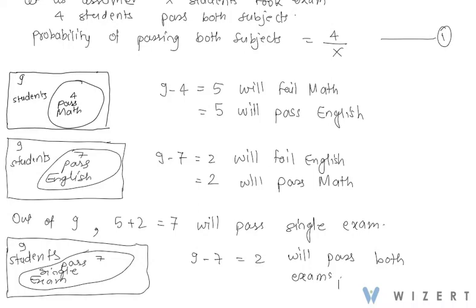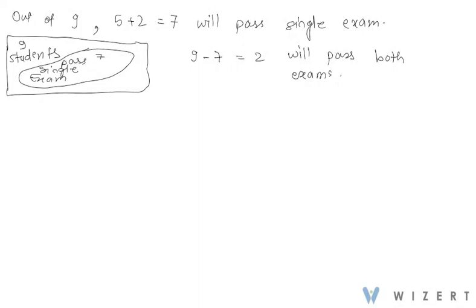This means that we can express probability of students who pass both exams. We can express this probability as 2 by 9.